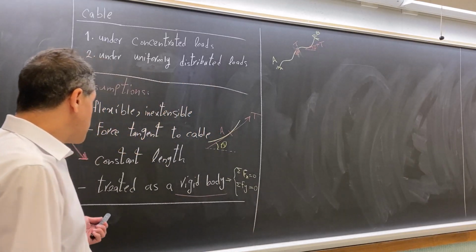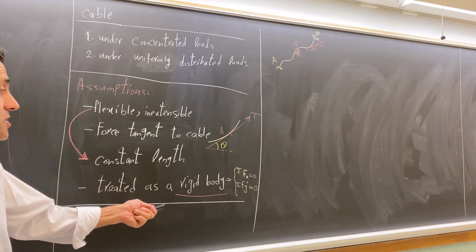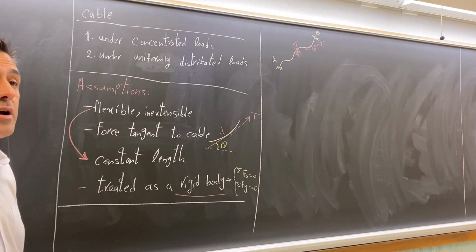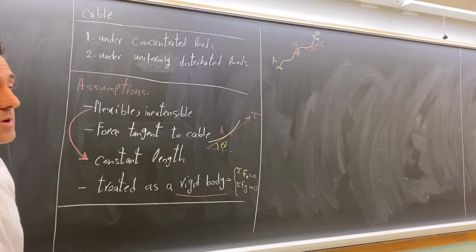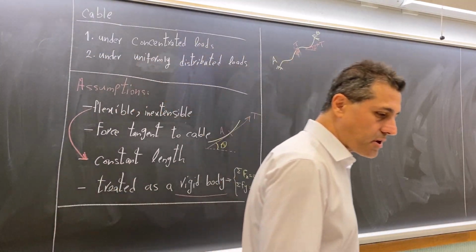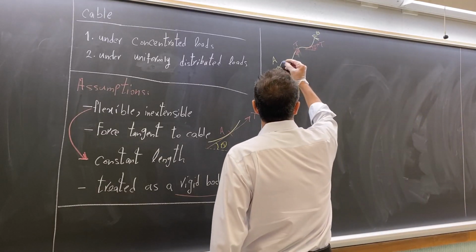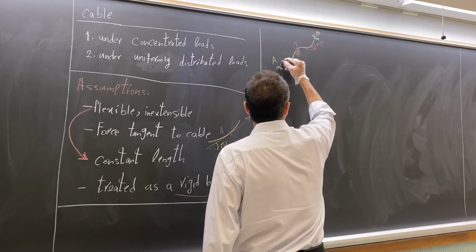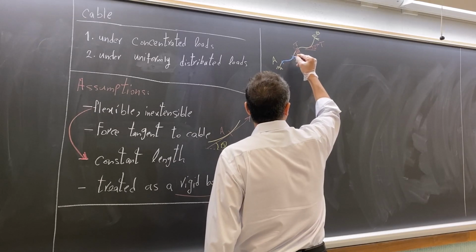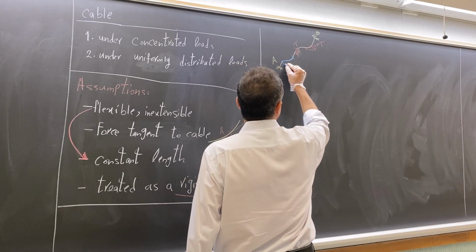What we mean about treating the cable as a rigid body is that we are actually applying the equations of equilibrium for the whole cable or part of the cable. So when we say part of the cable, basically we use the terminology segment. So if you want to study, for example, this part of the cable that I show in blue, and let's call it, for example, CD.